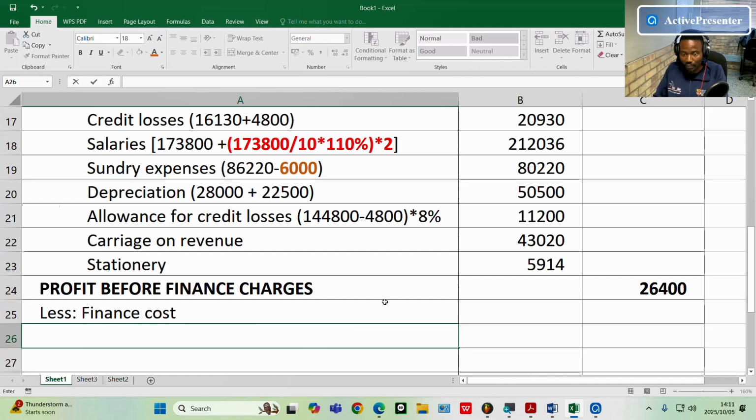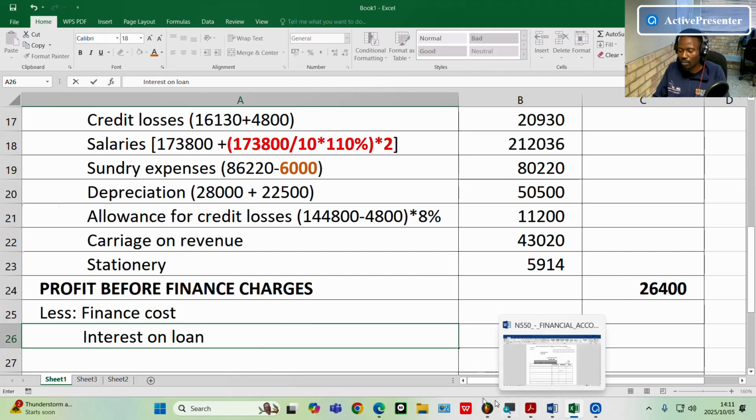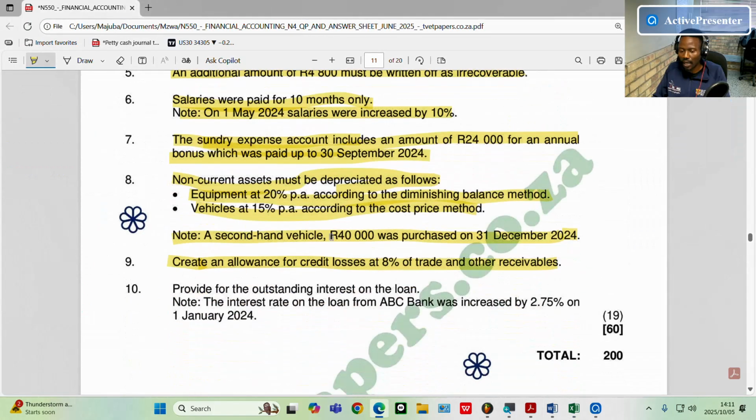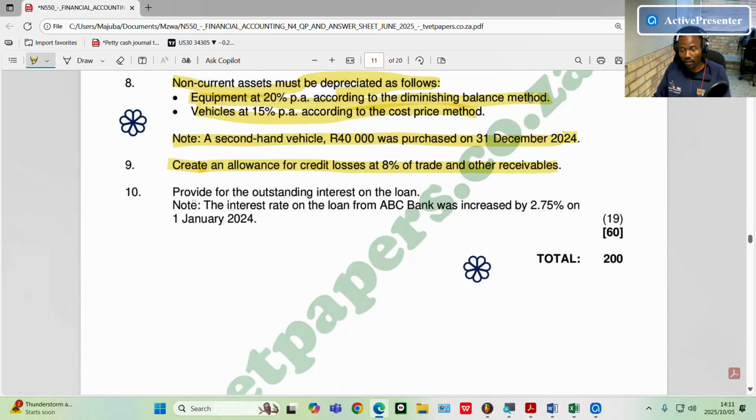So in this case we have interest on loan. Then I'll have to read the adjustment. It says provide for outstanding interest on the loan. Note the interest rate on the loan from ABC Bank was increased by 2.75% on 1 January 2024.